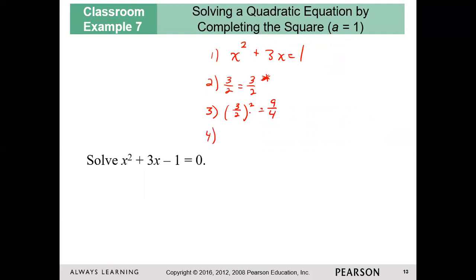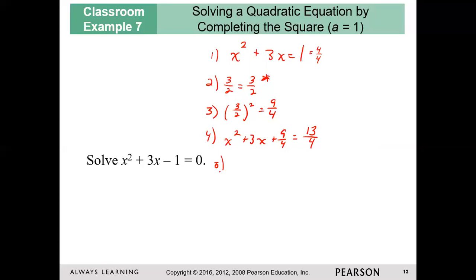Step 4 says I'm going to add this to both sides, so that's going to be x squared plus 3x plus 9 fourths is equal to, and what I'm going to do here is just write this as 4 fourths, so that when I add this 9 fourths to both sides, it's going to give me 13 fourths. Remember, when you add these fractions, you need to have a common denominator, so it's helpful to have 4 fourths over here instead of 1.